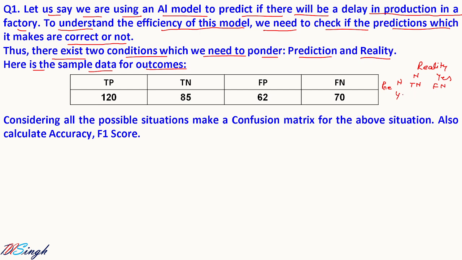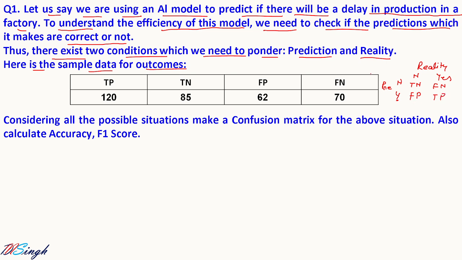Then reality is no, prediction is yes, both are not matching, so the first word will be false and the next word will depend on the prediction value. The value of prediction is yes, so that is false positive. Then you have a next entry where prediction is yes and reality is also yes, so you will have true, and the value of prediction is yes, so you will have true positive.